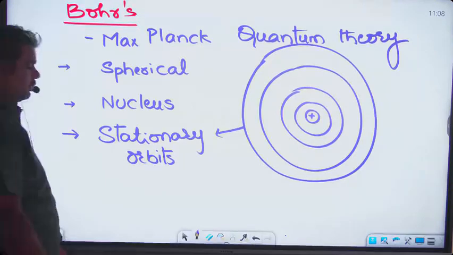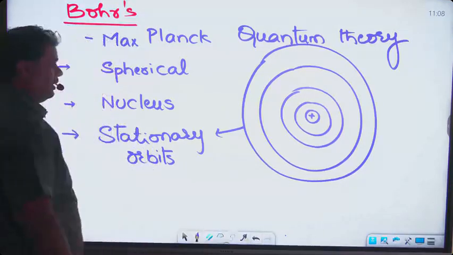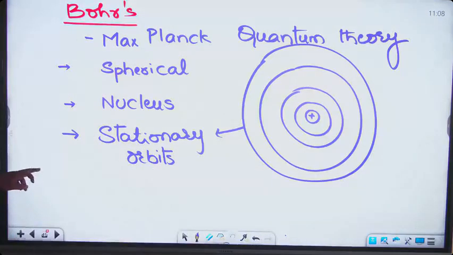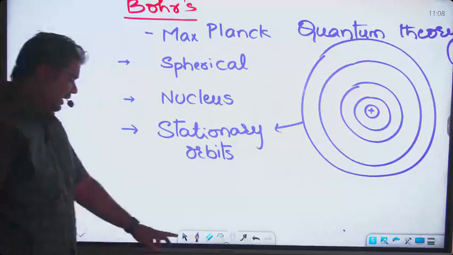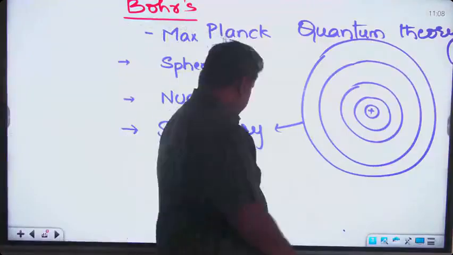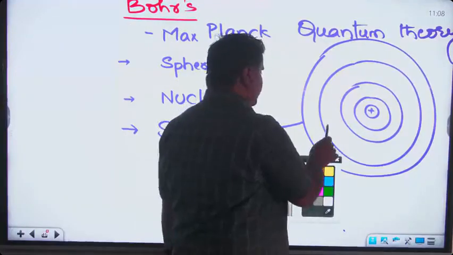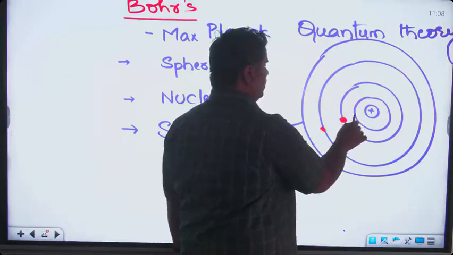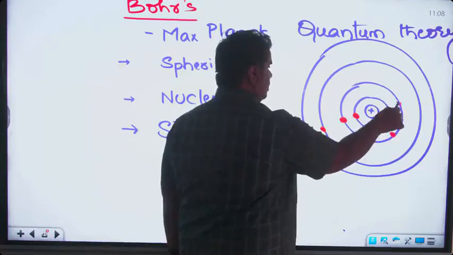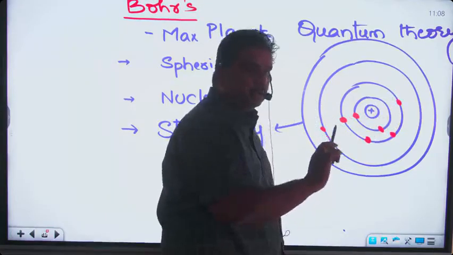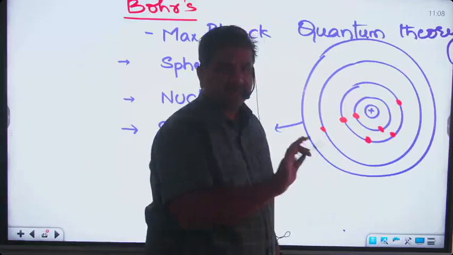So these orbits are known as stationary. Why do we call them stationary orbits? The reason is that as long as electrons are present in these particular circular orbits, they will never lose energy, they will never gain energy.